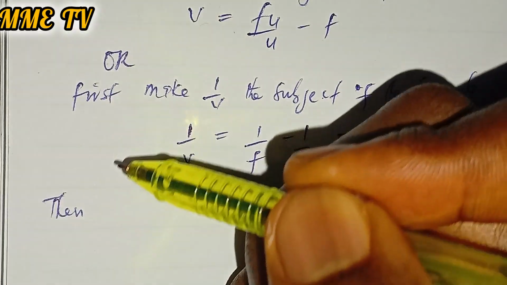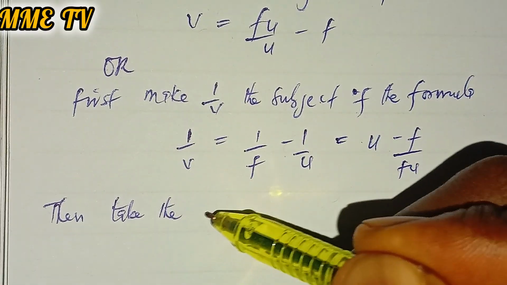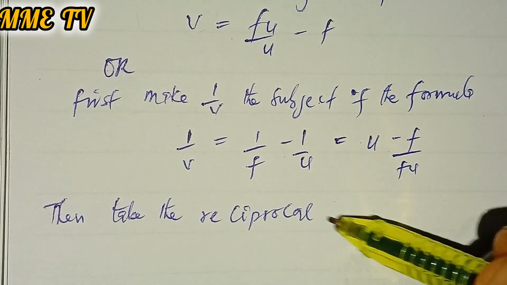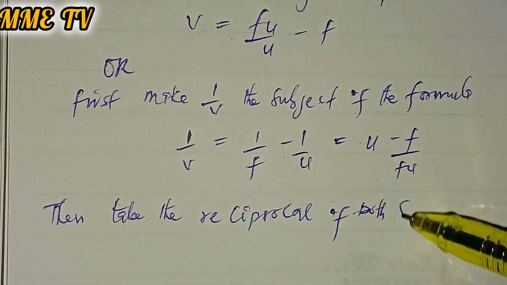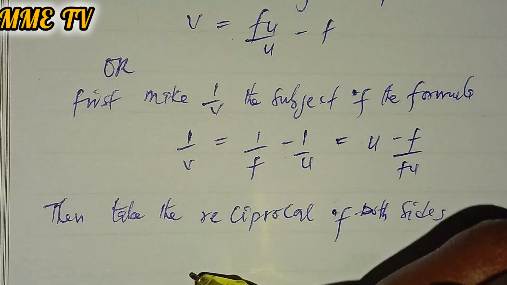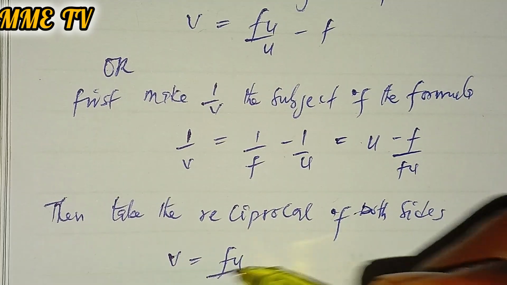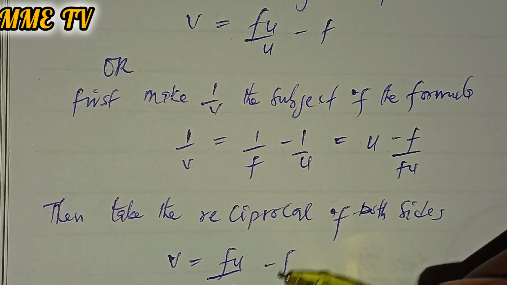Then we'll take the reciprocal of both sides, which means we are left with V is equal to FU over U minus F.